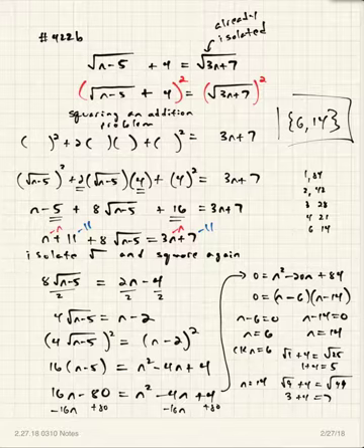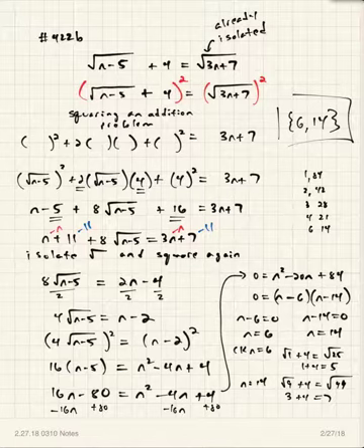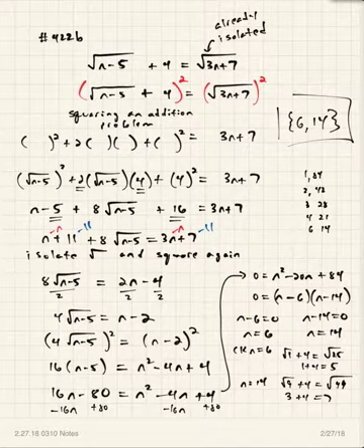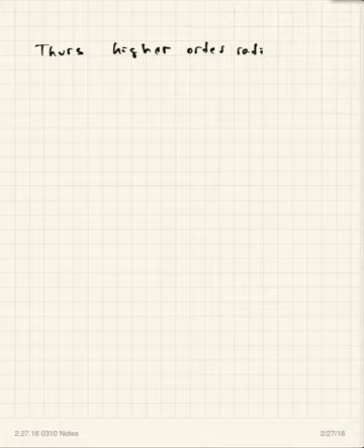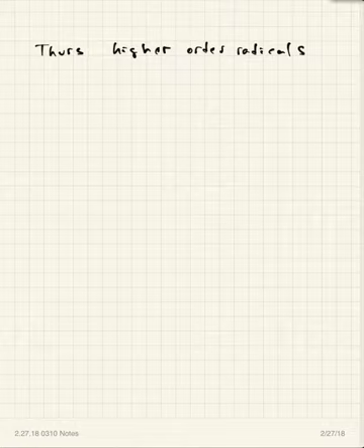All right, so this just about finishes up what we're going to do today with square roots. On Thursday of this week, we're going to look at sections 9.7 and 9.8 and finish up by looking at higher order radicals, which means cube roots and fourth roots and fifth roots and so on, not just square roots anymore.